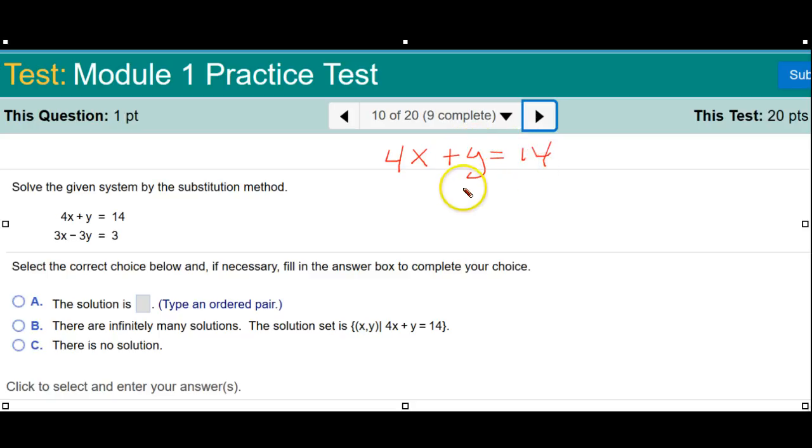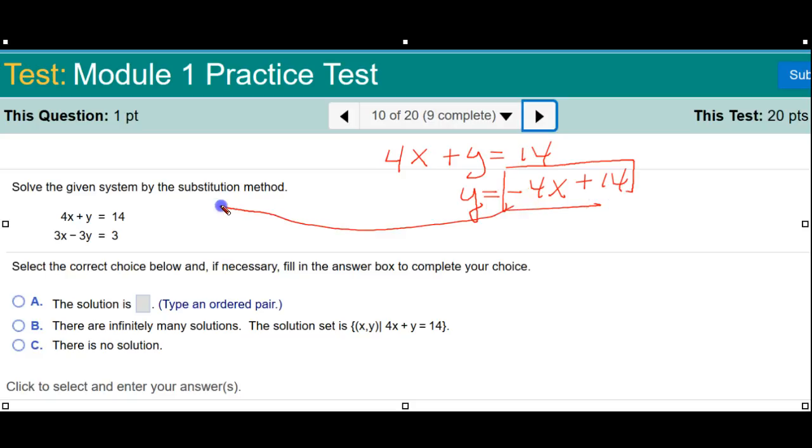So we solve for one of the letters. Y equals a negative 4x, just transpose that, plus 14. You then take this value and put it in the other equation where y is.